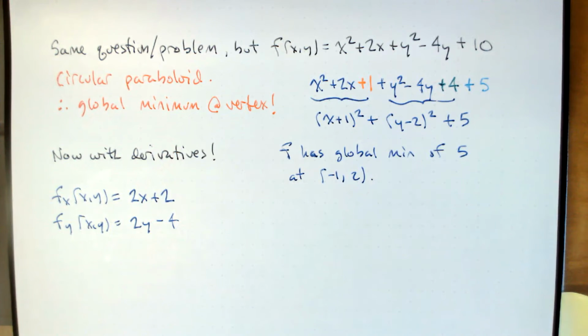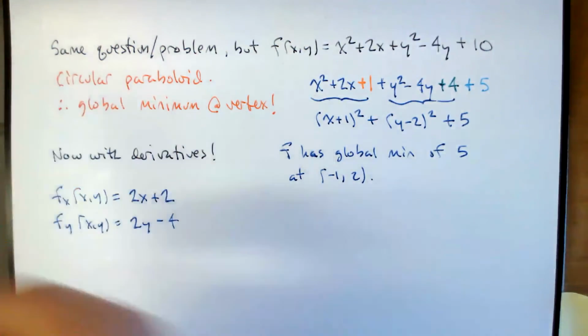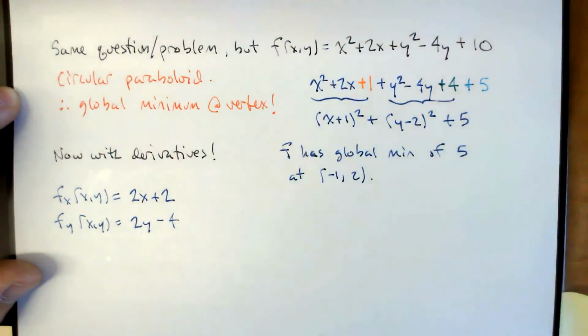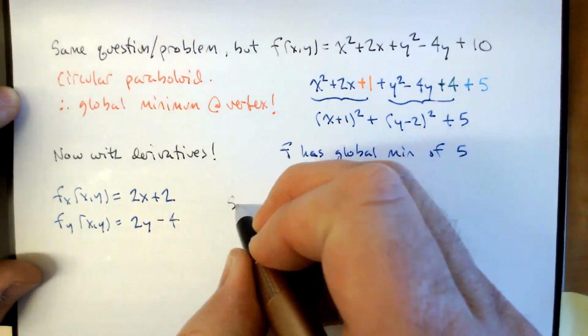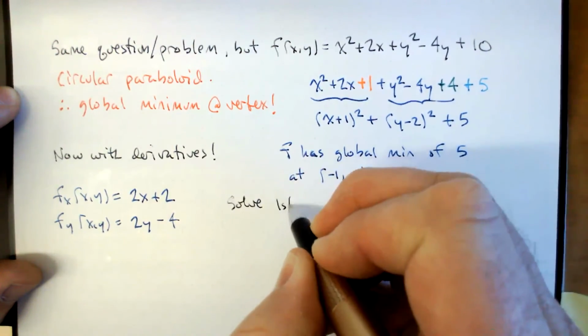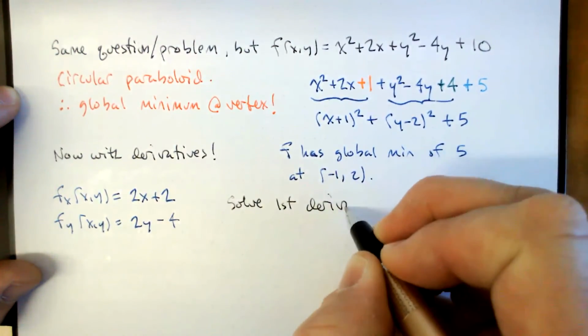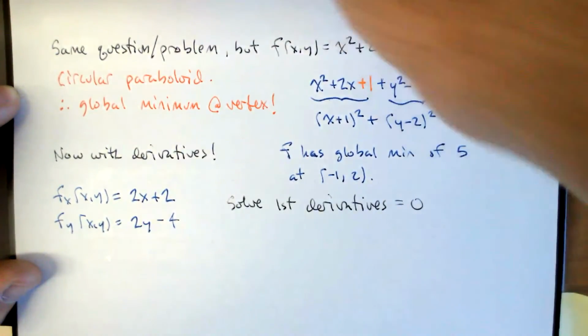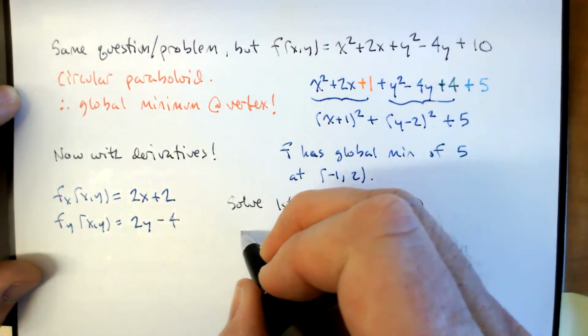I always take it easy on myself if I'm going to have to do calculations standing up here. But we do the same thing. First derivatives equal 0.